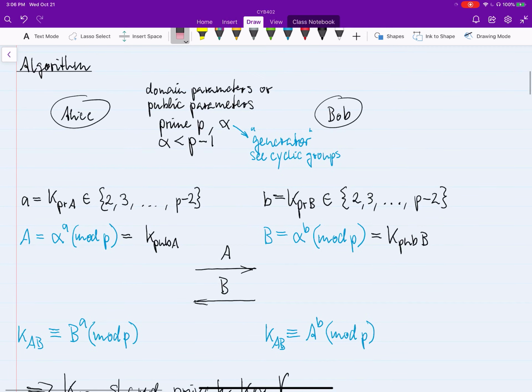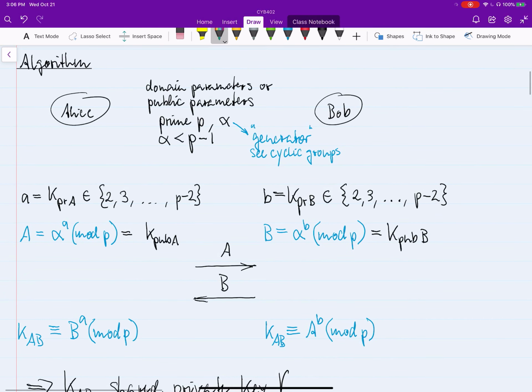So here's the algorithm. Here's how it works. And it's incredibly simple and elegant. That's really the cool thing about Diffie-Hellman. There are two parameters that Bob and Alice share and send over the insecure channel. It's a really large prime number P, and a parameter alpha.